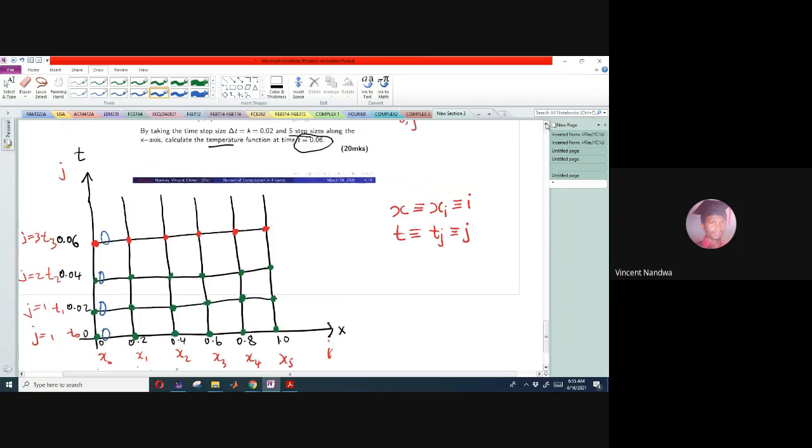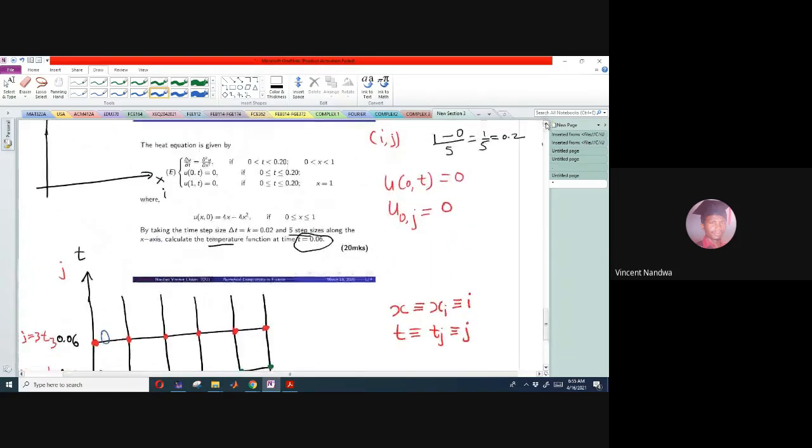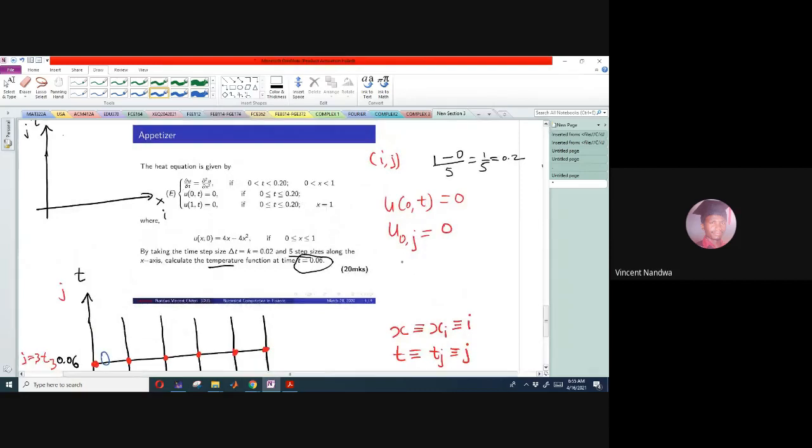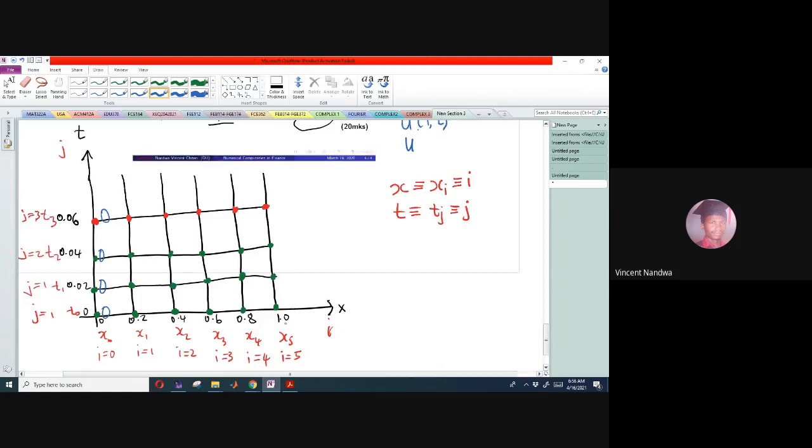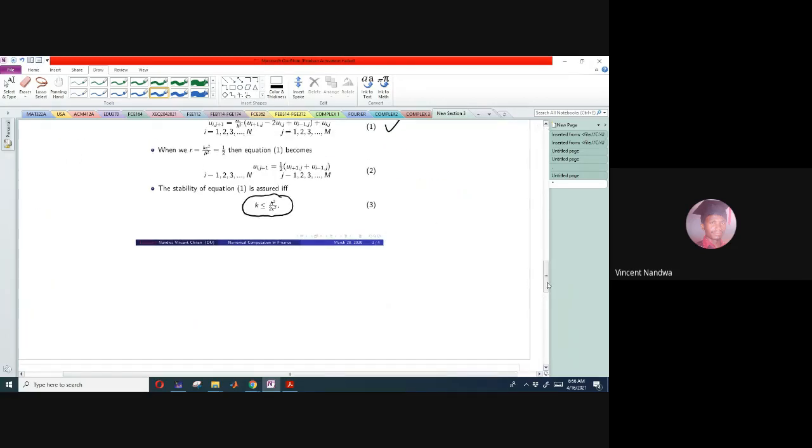And then this other boundary condition, u(1, t) equals 0, is given now by 1. When you see from our grid here, 1 corresponds to the value x5, which is the same as i equals 5.